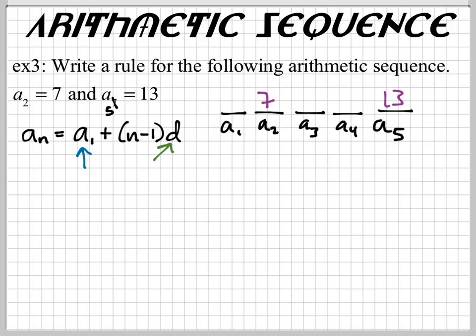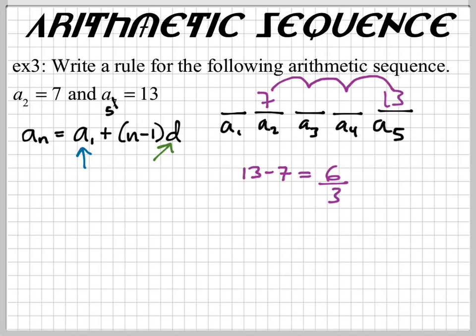So how do we find the distance? We go 13 minus 7, and that'll give us 6. Then we have to divide it by how many times we're adding the difference. We would add the difference once, twice, and 3 times. And so we're going to divide that by 3.